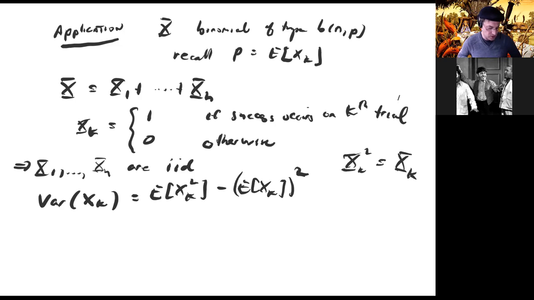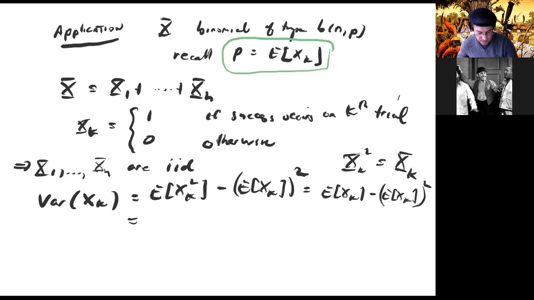It doesn't change when you square it. So therefore, this variance that we're computing is the expected value of x sub k minus the expected value of x sub k, that quantity squared. But we know from what I wrote up here that this is p minus p squared. So that's the variance of x sub k.